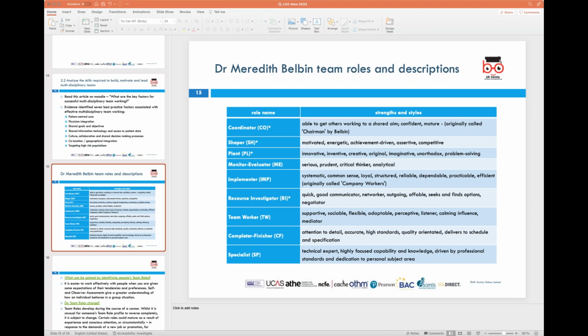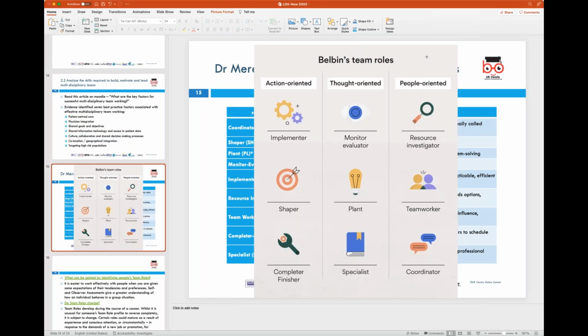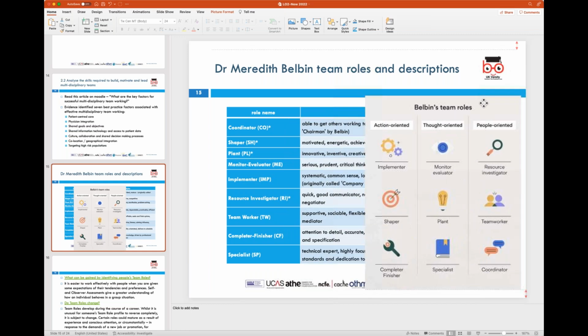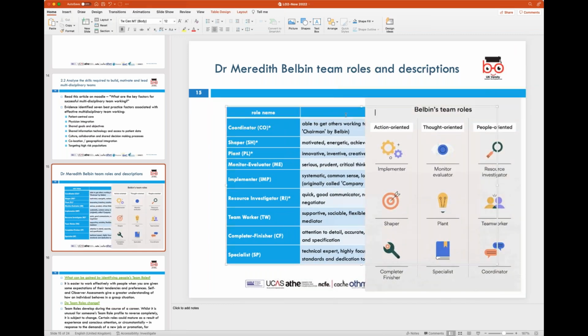So when we talk about these roles, he classified them into three different types: action oriented, thought oriented, and people oriented. It could also be said that they were thinkers, doers, and people who would get on with other people, from the point of view of the different roles that can be given to them within the team.